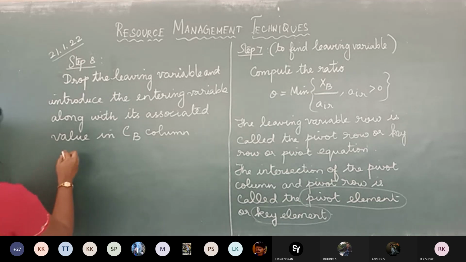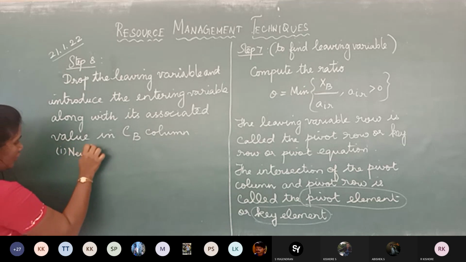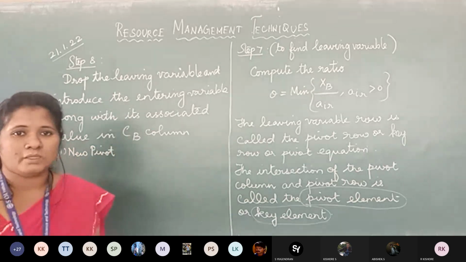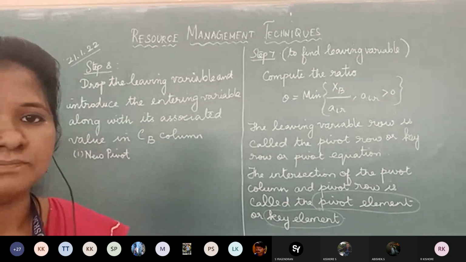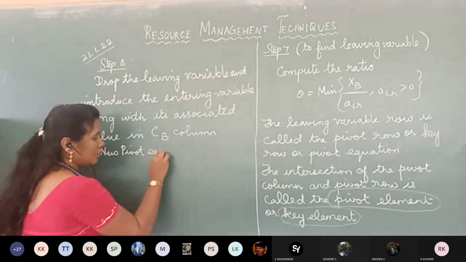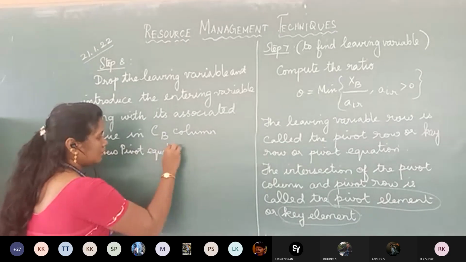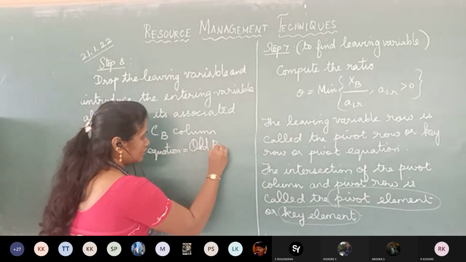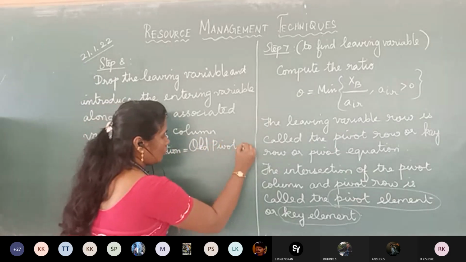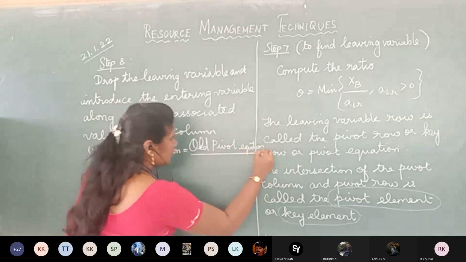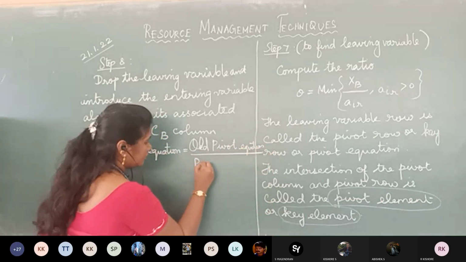In this step 8 itself, we have two equations. You'll find the new pivot equation. The new pivot equation will be equal to the whole pivot equation divided by the pivot element.